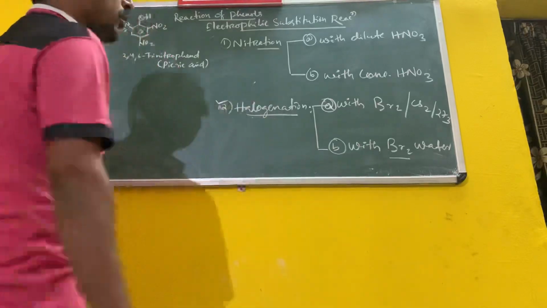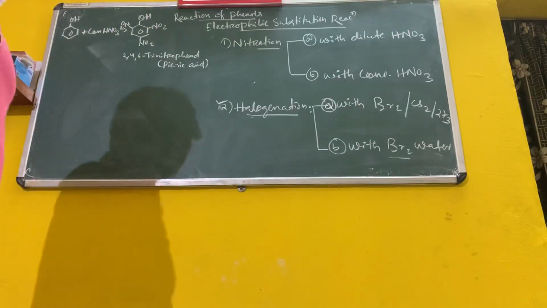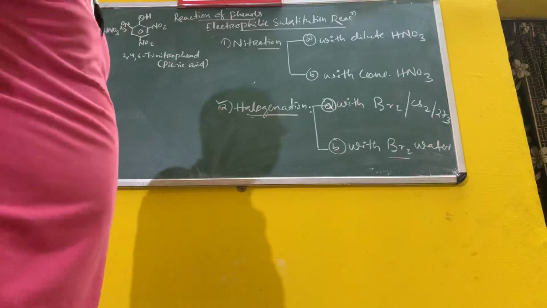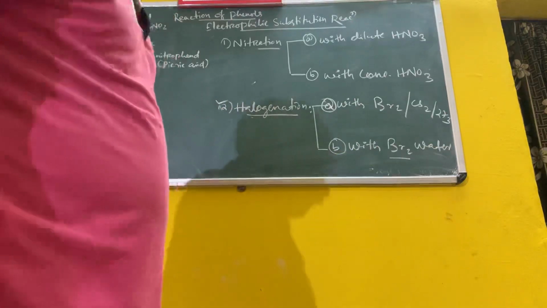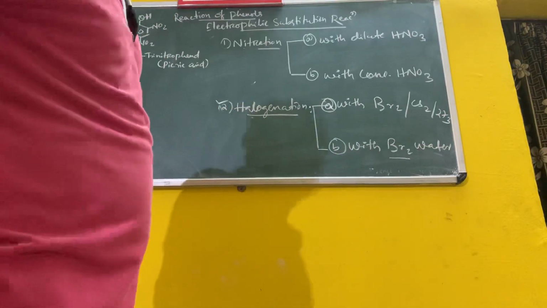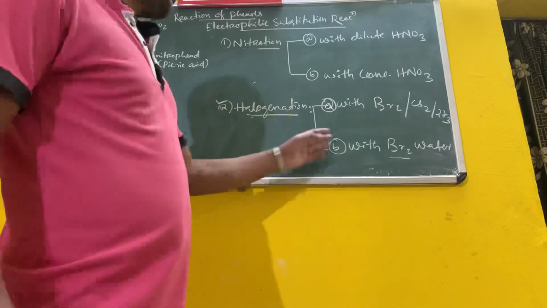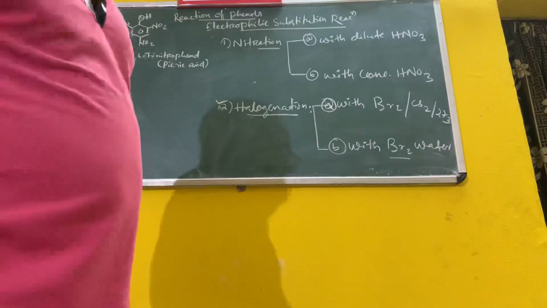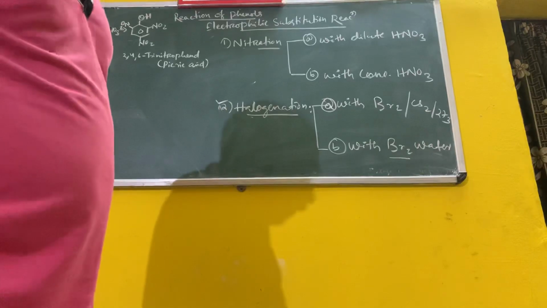Then we go to Br2 in the presence of carbon disulfide at 273 K. Then halogenation takes place with phenol to form ortho and para products.